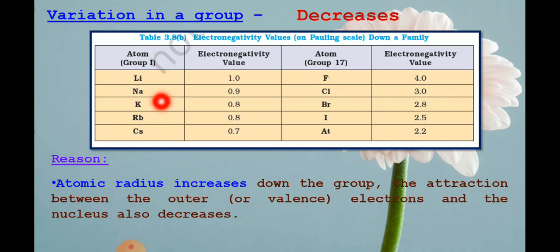As the size increases down the group, the attractive force between the positively charged nucleus and negatively charged electron decreases. Therefore, the capacity to attract the shared pair of electrons also decreases. So electronegativity decreases down the group, but along the period it increases.